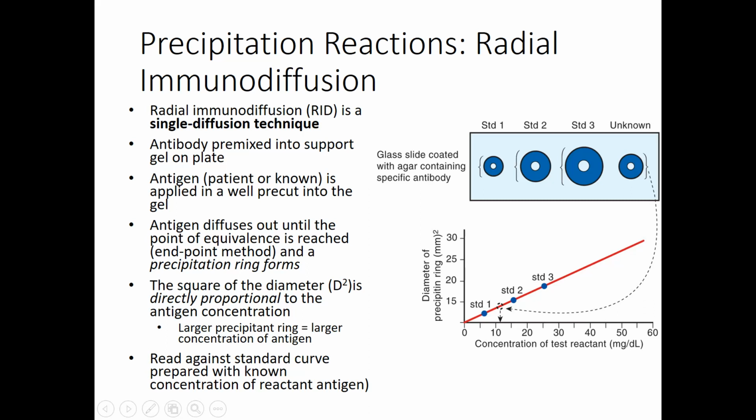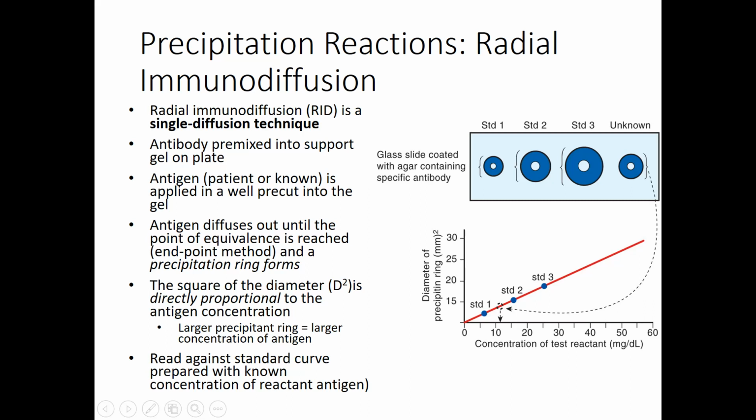So standard 1 had a diameter squared of, I don't know, it looks like probably 7, and we know it had a concentration of, again, this is a guess, maybe 6. So it had a concentration of 6 milligrams per deciliter of antigen that we put in the test well. And we read the precipitant ring, and we put a dot. We did the same thing for 2 and 3.